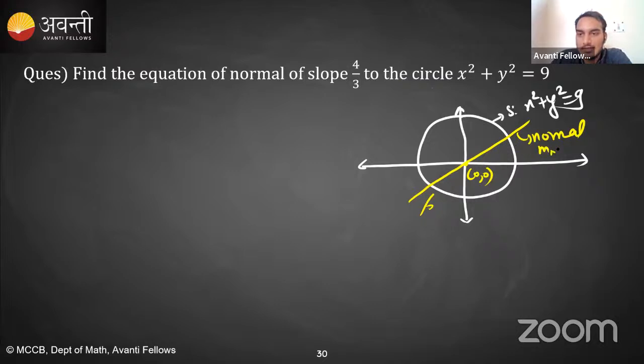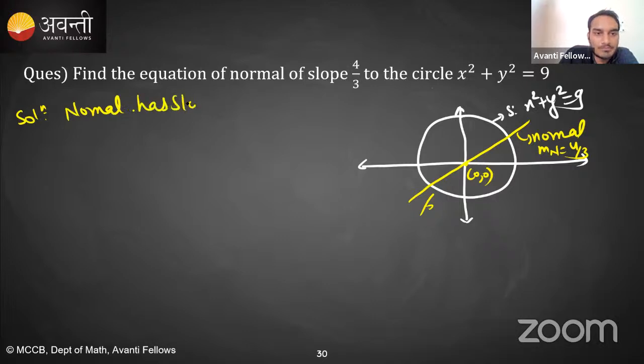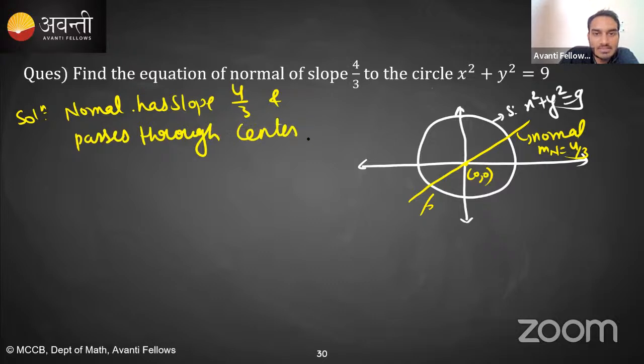And this line has a slope 4/3. So you can say that the normal has slope 4/3 and passes through the center, which is 0, 0.